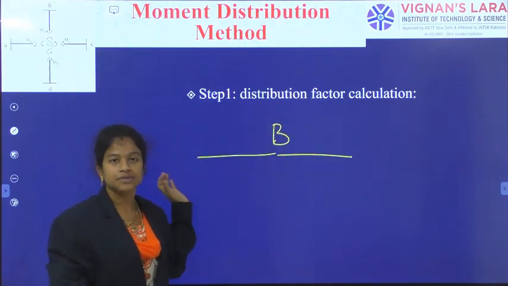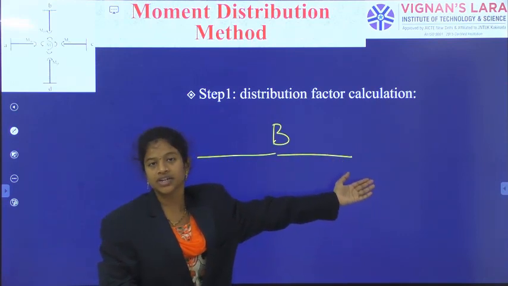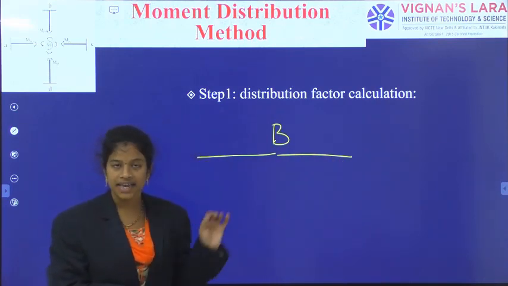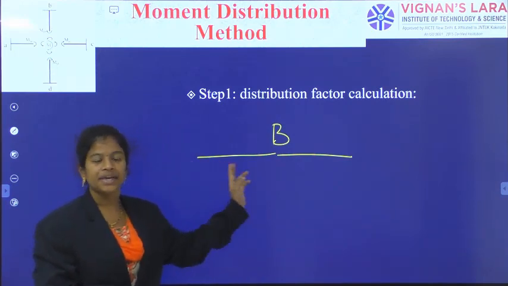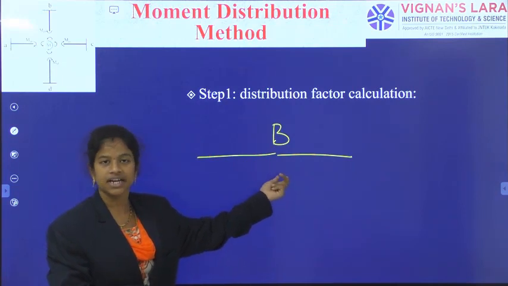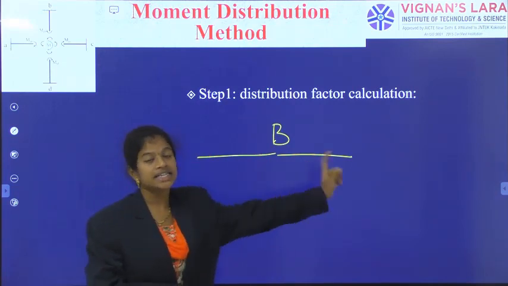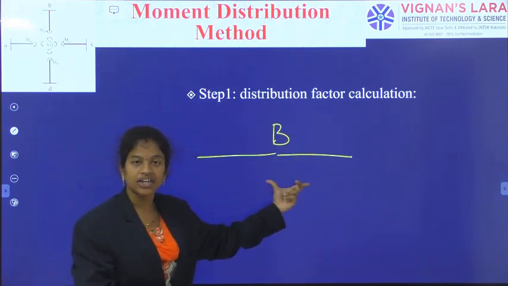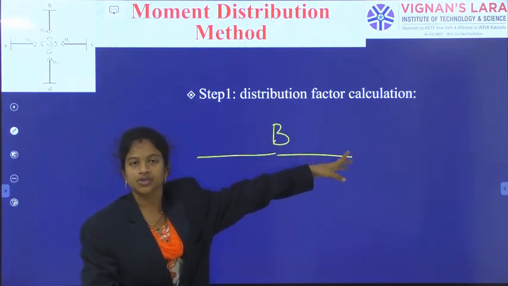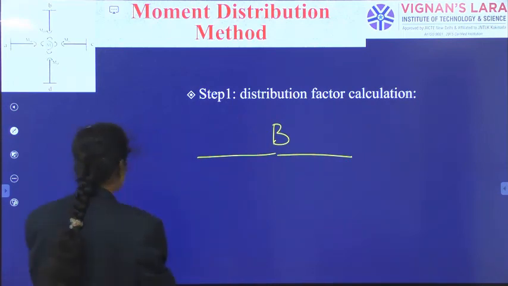How much amount this span should take and how much this span should take. Only those joints will have distribution factors. Here I have A, B and C. B is the only joint because it has two members continuing. A has one, C has one, but B has two members continuity. That's why joint B will have distribution factors. We will calculate now.